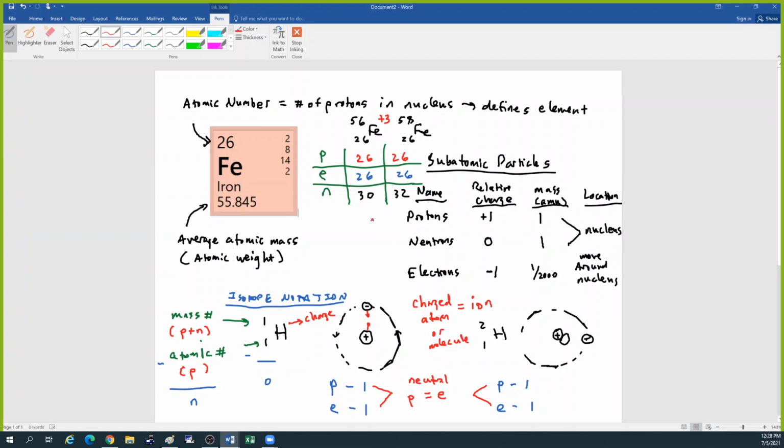Which of these numbers changes, and how does it change? Think about all those same things we said so far, right? How does a neutral atom become a positive atom?